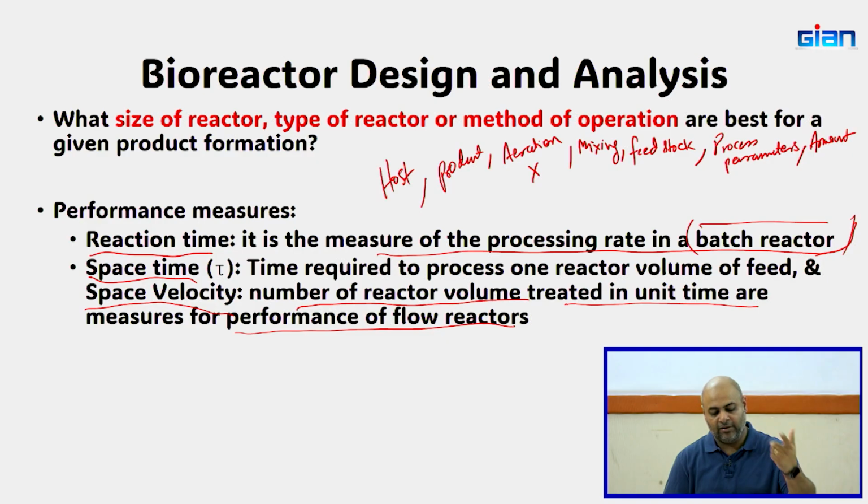So both space time and space velocity are used to define the performance of a flow reactor. Reaction time is only used to define the performance of a batch reactor.